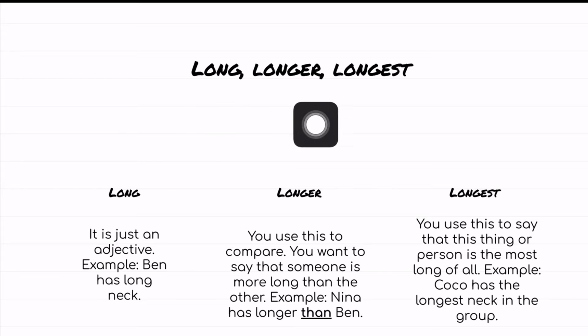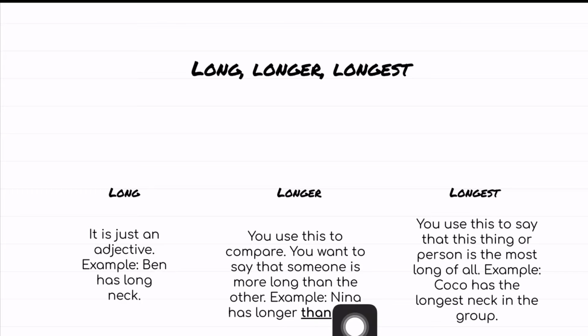Now, on long, longer, and longest. Long is just an adjective. Example: Ben has a long neck. Longer, you use this to compare. You want to say that someone is more long than the other. Example: Nina has a longer neck than Bam. We should put neck there, okay? Nina has a longer neck than Bam.